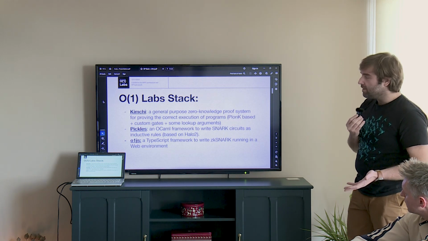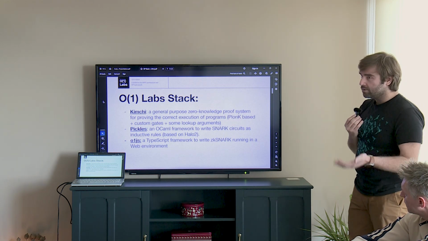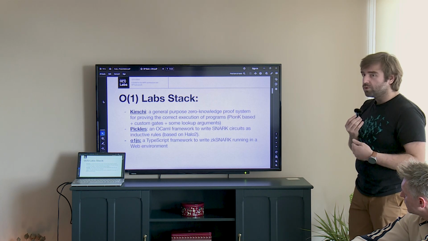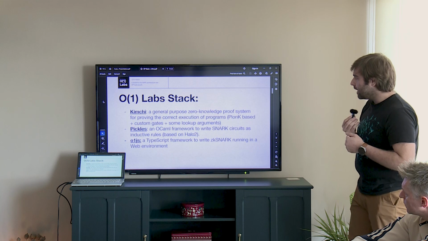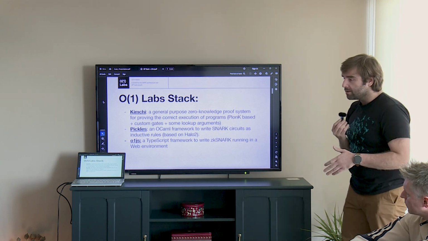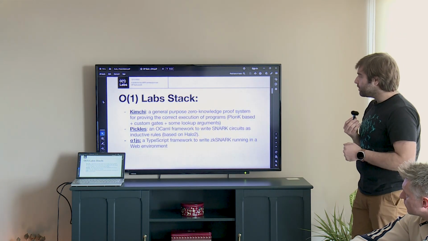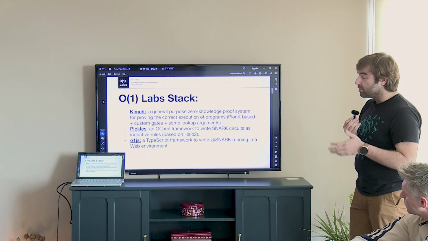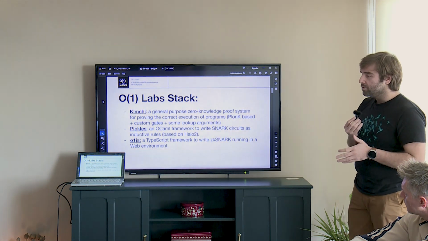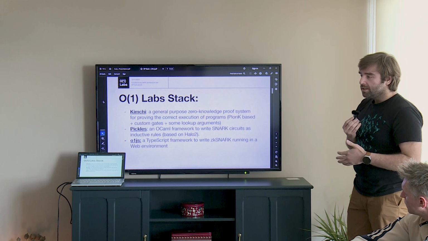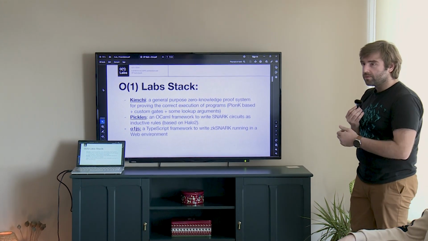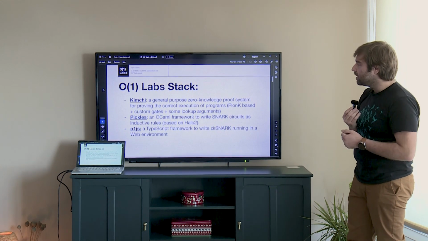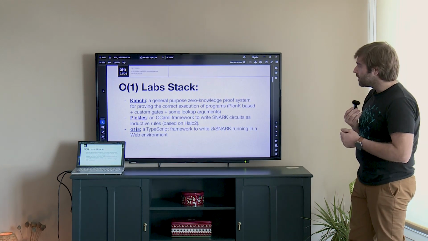It's PLONK-based, it has custom gates and also some lookup arguments. It's also recursion friendly, and it's very modular. It's important to mention that because it helps us to integrate the work for Optimism, for the OP proofs.